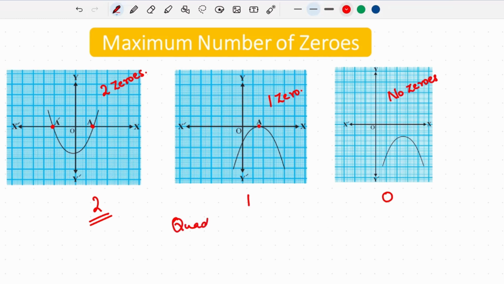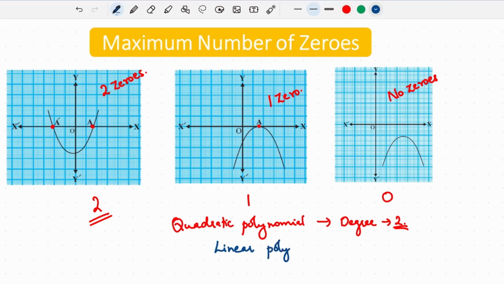So, a quadratic polynomial is of degree 2. The degree of a quadratic polynomial is 2. So you can say that the maximum number of zeros is equal to the degree of the polynomial. Similarly, for a linear polynomial, the maximum number of zeros should be equal to the degree of the polynomial, which is 1.